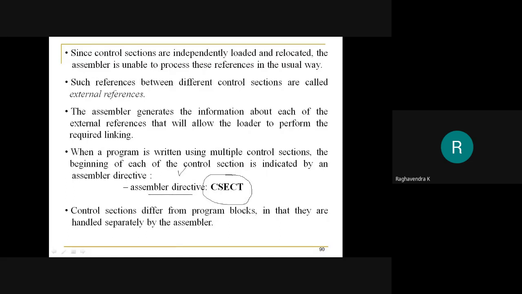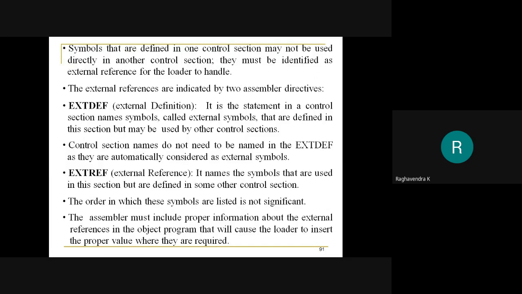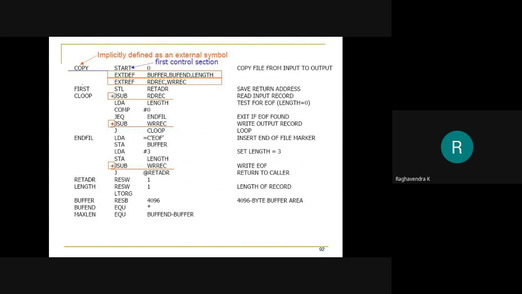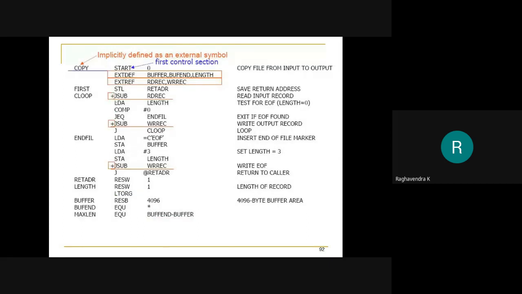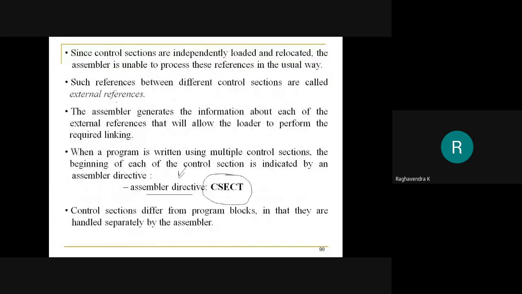Okay, before CSECT you need to mention the name of the control section. Like you can see in this example, of course, the name of the program itself indicates a control section, so we need not specify that explicitly. But here you can see CSECT. Before that CSECT, we have specified the name of the control section. Okay, so this is how you divide your program into separate control sections.